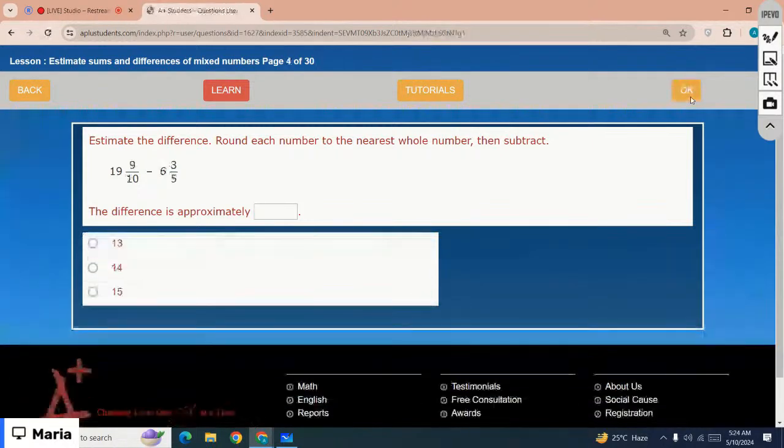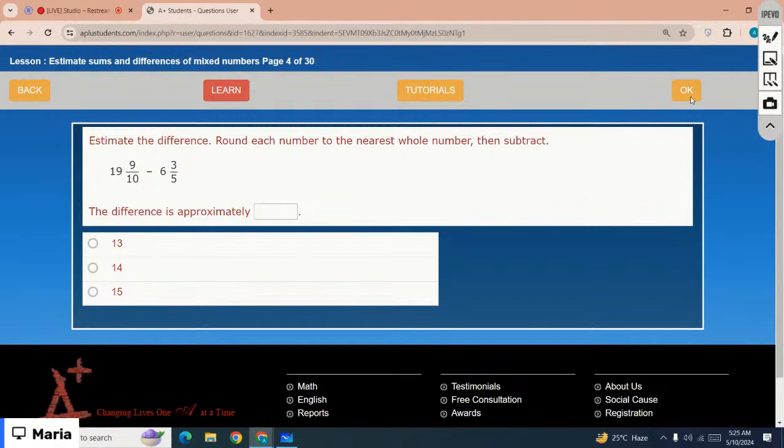The next one is 19 whole 9 by 10 minus 6 whole 3 by 5. So which is the correct option? 19 whole 9 by 10 is rounded off to 20, and 6 whole 3 by 5 is rounded off to 7.